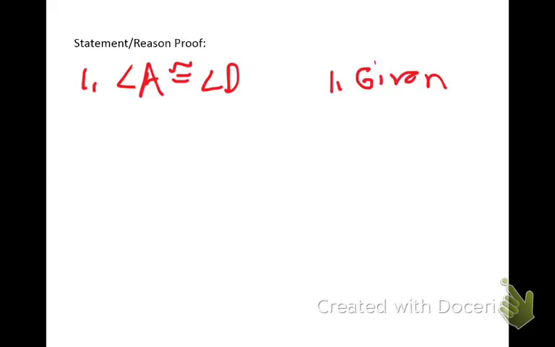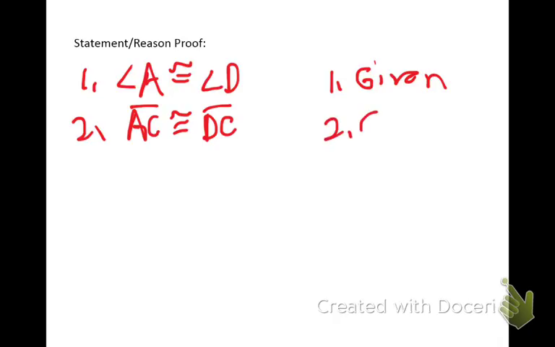So the first thing we had given was that angle A is congruent to angle D, and that's by given. Step 2, we had the other given that AC is congruent to DC, and that's given.